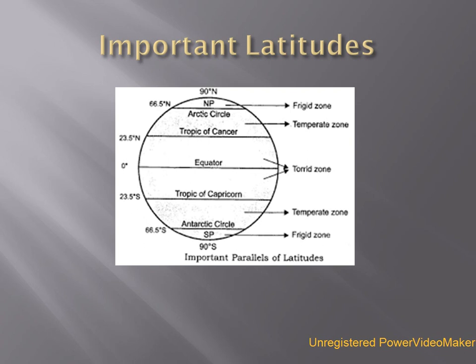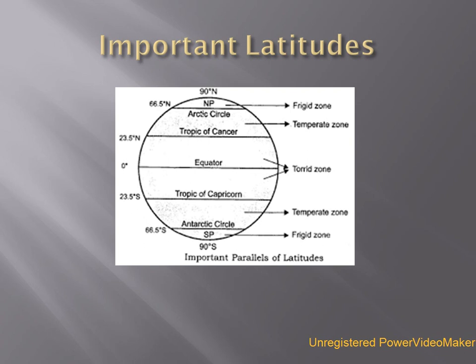We have torrid zone. The torrid zone lies between 23.5 degree north and 23.5 degree south. Then we have two temperate zones that lie between 23.5 degree north to 66.5 degree north, and in the south it is 23.5 degree south to 66.5 degree south. Then comes frigid zone.